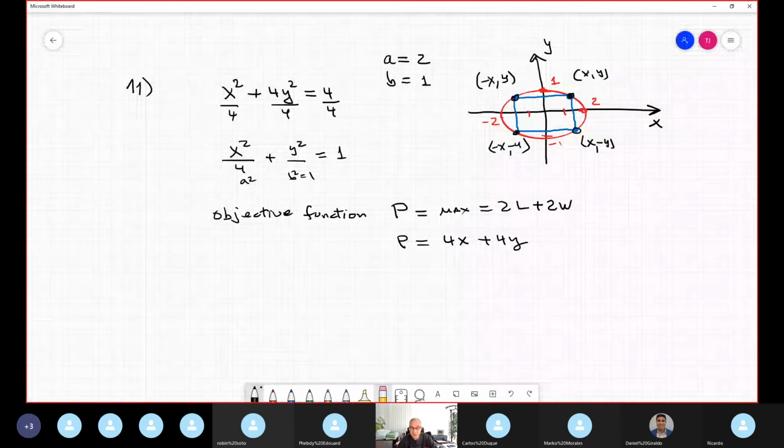So, this is what I need to maximize. Maximize. Here it is. I don't know if the spelling is good or not. Maximize. So, we have constraints.